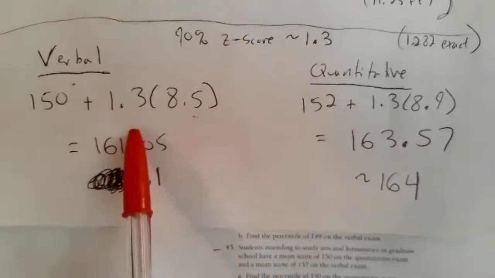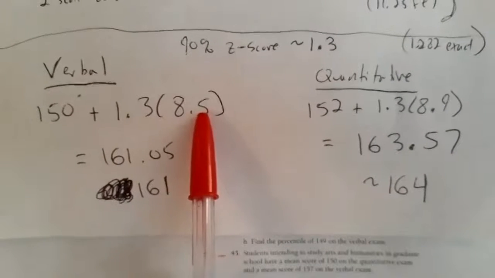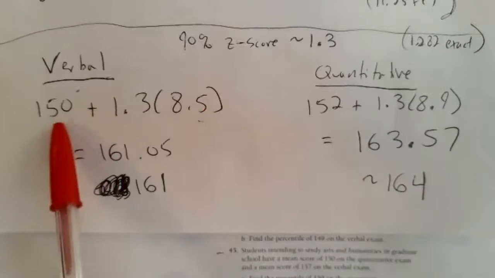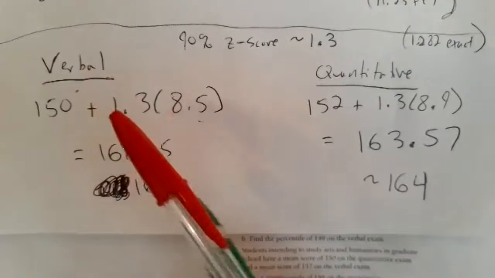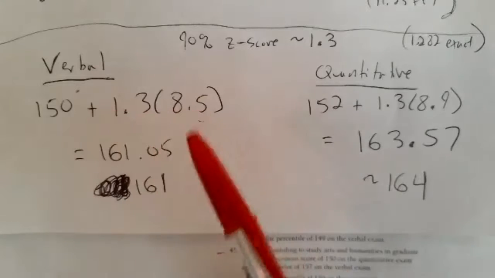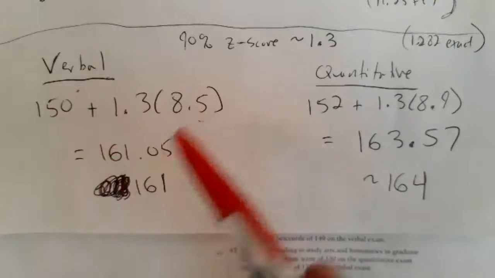We get a z-score times our standard deviation, and then we have to add the mean, right? And so this really is that previous equation we had, just moved around a little bit to find the score that you need.